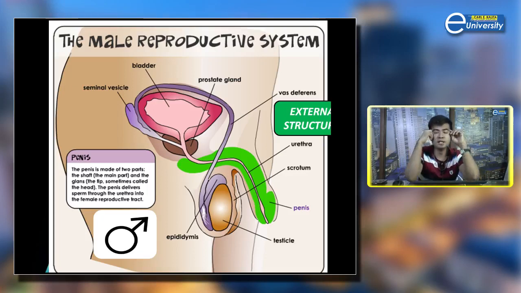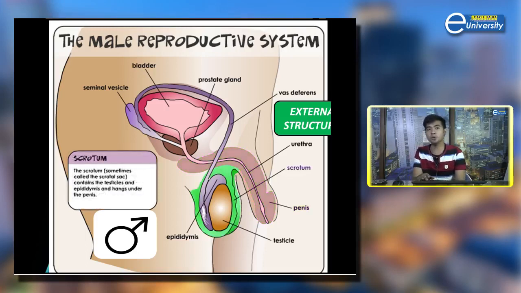So let's see the penis. The penis is made up of two parts, the main part and the glans or the tip, and sometimes the head. The penis delivers sperm through the urethra into the female reproductive tract. The penis is also known as the male copulatory organ because it is the organ that transfers sperm cells together with the semen into the female reproductive organ.